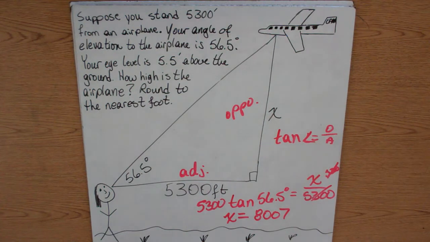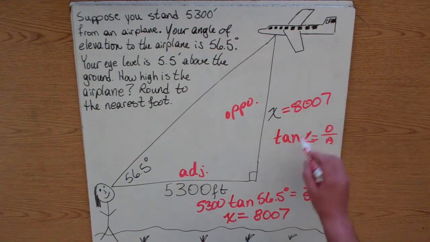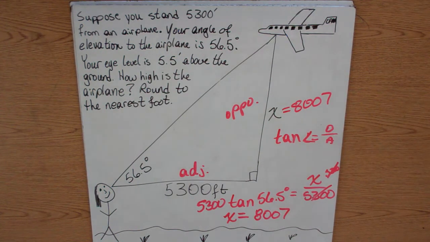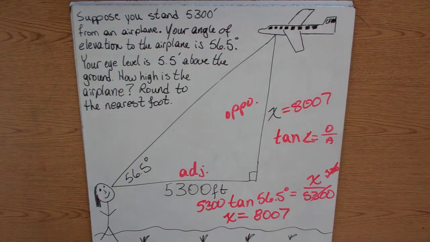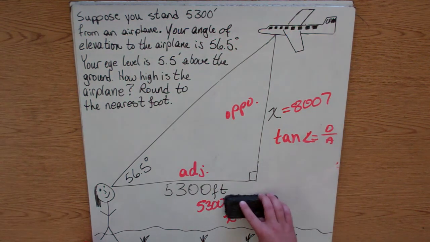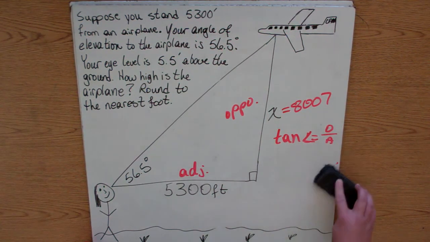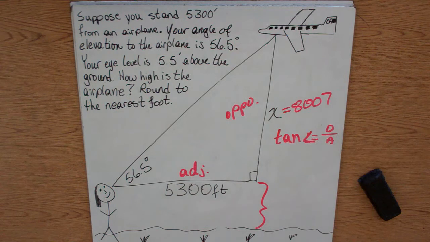Now granted we have found x, 8,007, but we have not fully answered the problem, because it says how high is the airplane? Well, for the height of the airplane, you need to take into account this distance as well. So what was that distance?